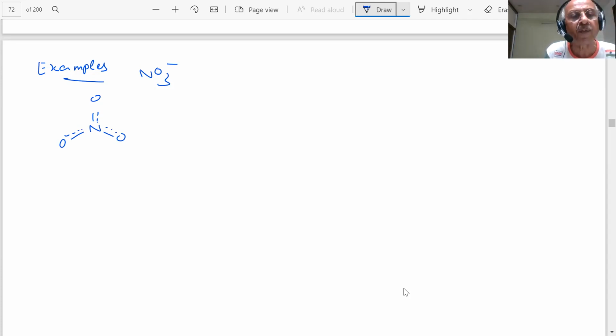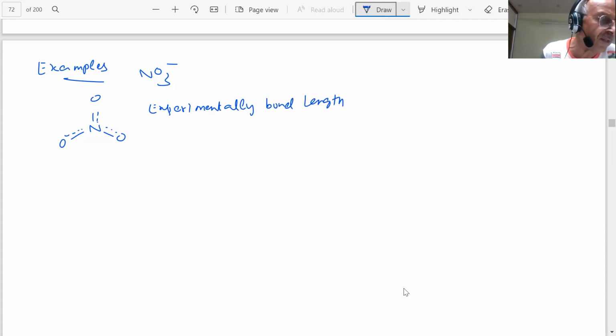And if you experimentally find the bond length, students, the bond length of all the 3 nitrogen-oxygen bonds will be the same.